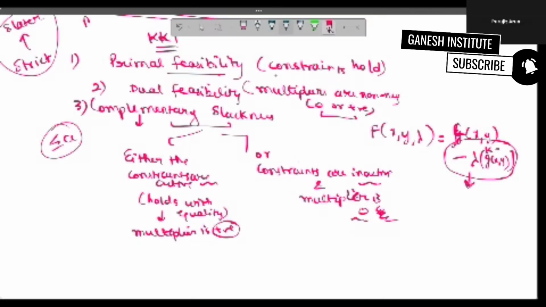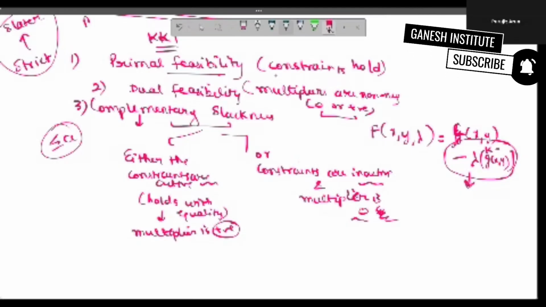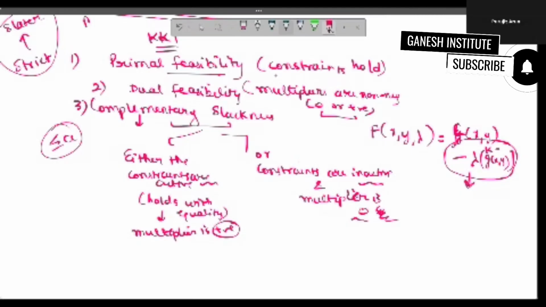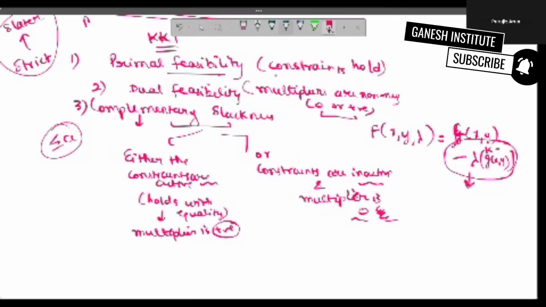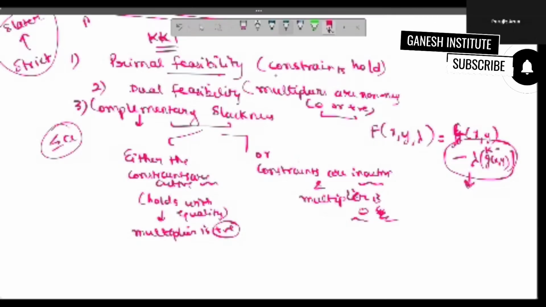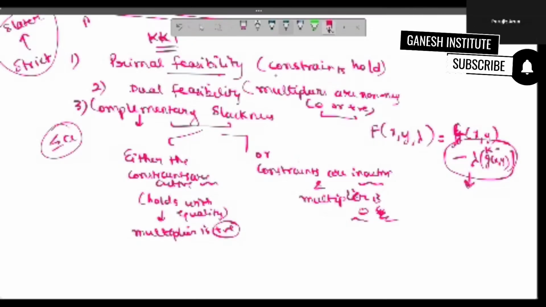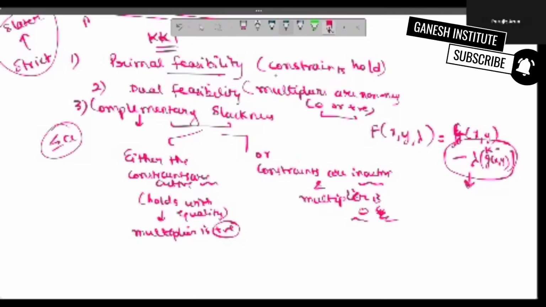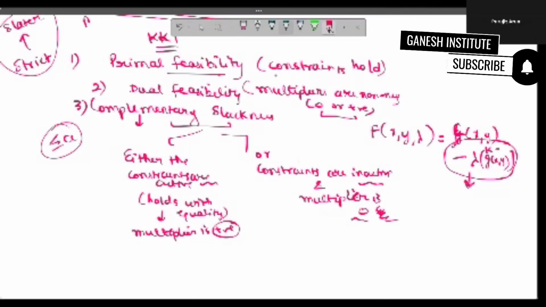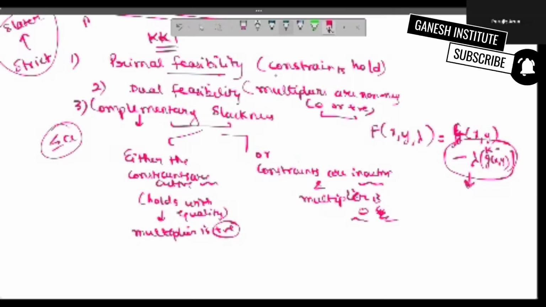When it is 0... ma'am, so our primal feasibility was that if the constraints hold, and in this case, what do we mean by constraints hold? The constraints can be unequal, and if the constraints hold, that is when we tell that the function is primally feasible, it has primal feasibility. And multipliers are positive in that case.